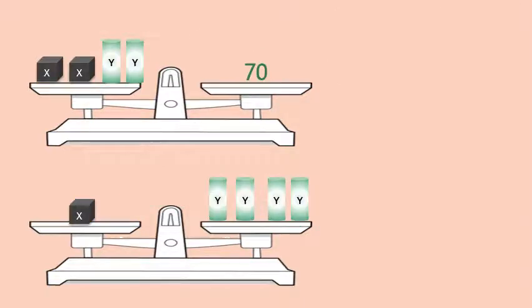Here's the second picture. My system says 2x plus 2y is equal to 70. The second picture says x is equal to 4y.